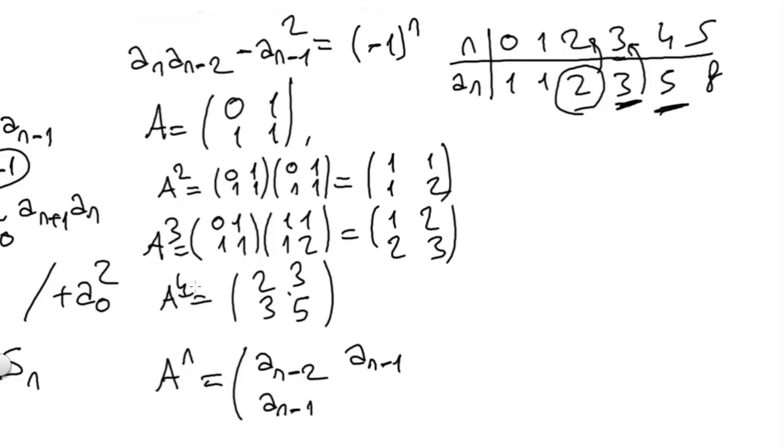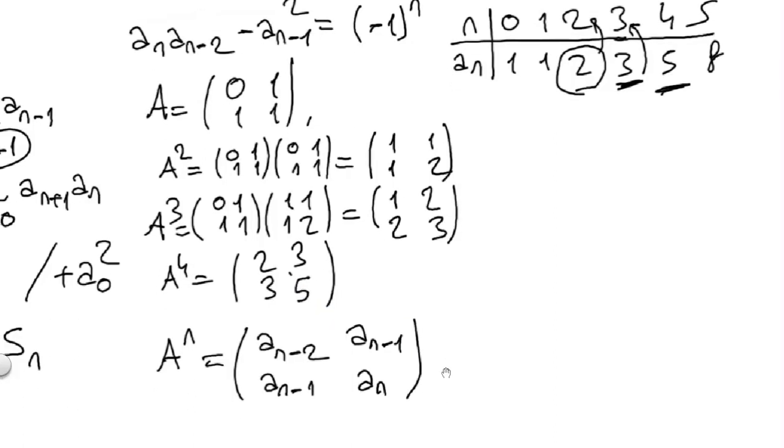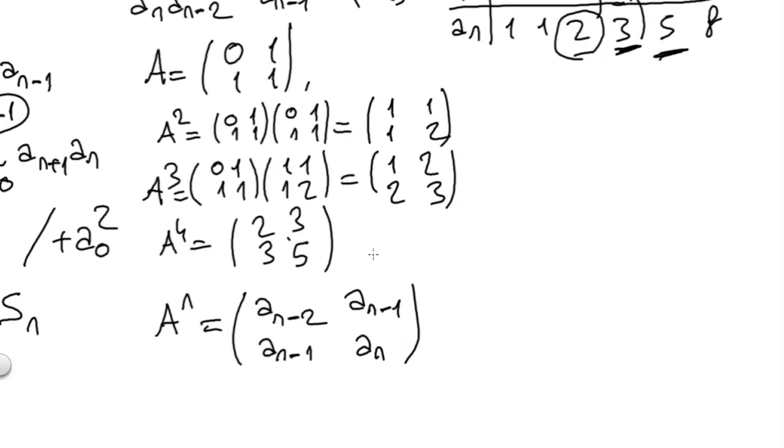It's exactly the same: I have the power of 4, and this is a4, so this is just going to be a n. You are normally supposed to use induction to show this, but it's just one step: you multiply this thing by 0, 1, 1, 1, and you will get it. It's really easy.